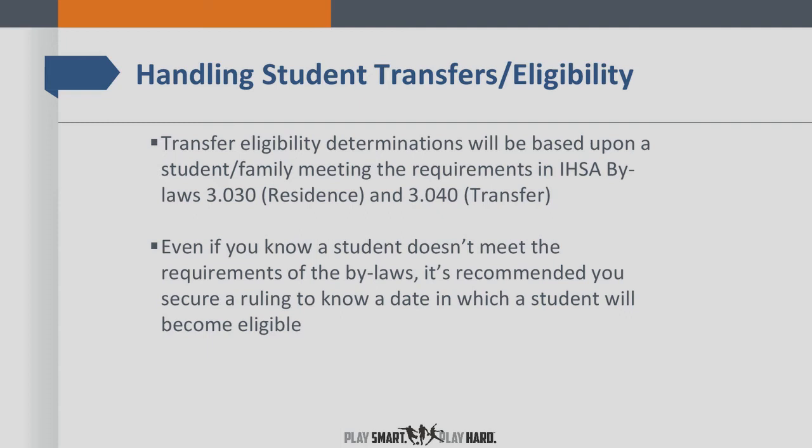And while the bylaws may indicate that the student would likely be ineligible up to a period of 365 days, many times the period of ineligibility could be less than that.